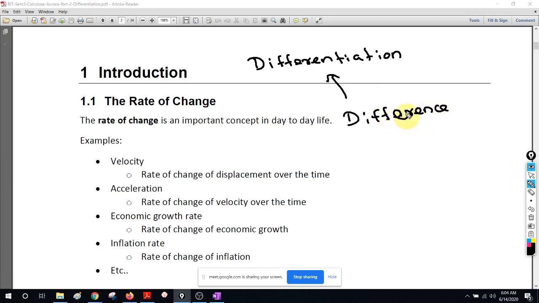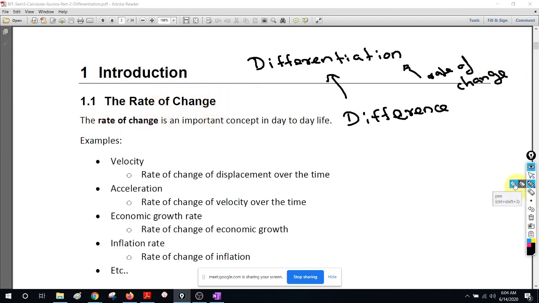From difference, they made another noun called differentiation. Difference means the change, so differentiation means rate of change. It's all about finding the rate of change.